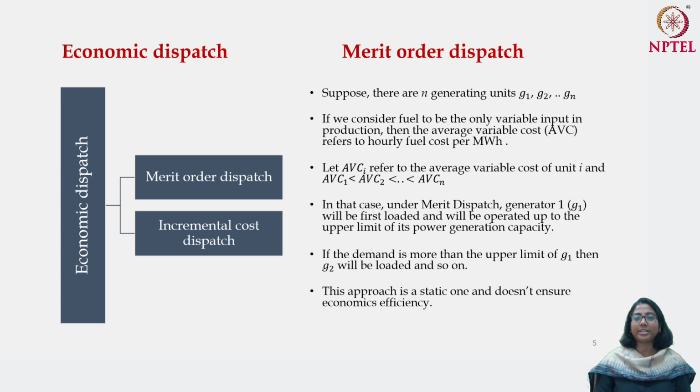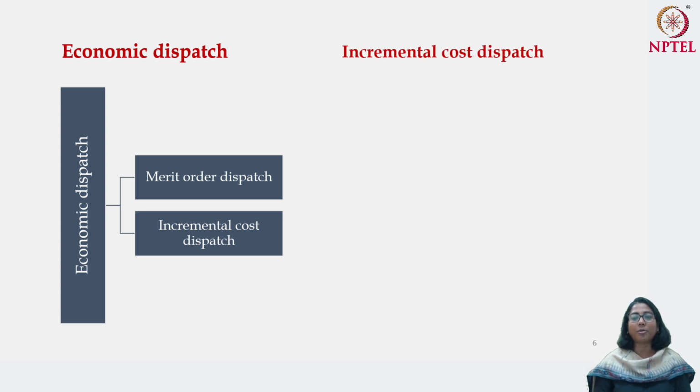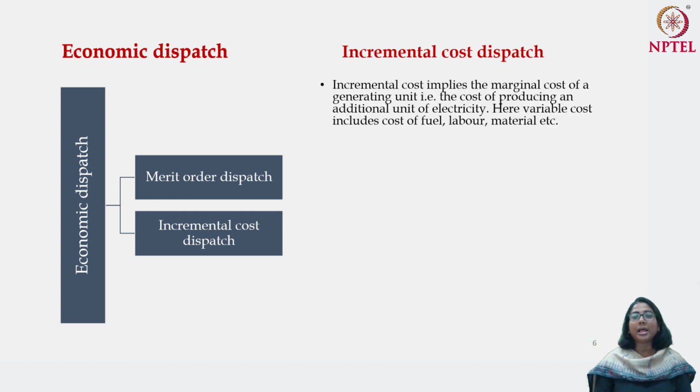The alternative to merit order dispatch comes in the form of incremental cost dispatch, where the decision is taken based on the marginal cost of the generating units. Now, incremental cost, as I said, implies the marginal cost of a generating unit, that is the cost of producing an additional unit of electricity.